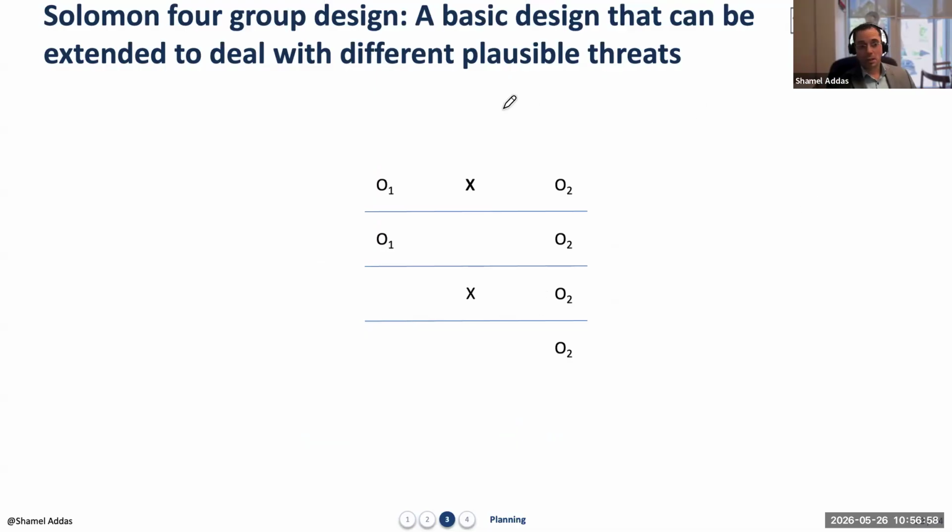Now you can add to this even these 2 additional groups. So that's called the Solomon 4-group design. That's kind of like a classic in experimental design. So now not only are we measuring the pre and post, the baseline, which is the pre-measurements, but we're also adding 2 groups that are only tested in the post measures, not in the pre-measures. Okay.